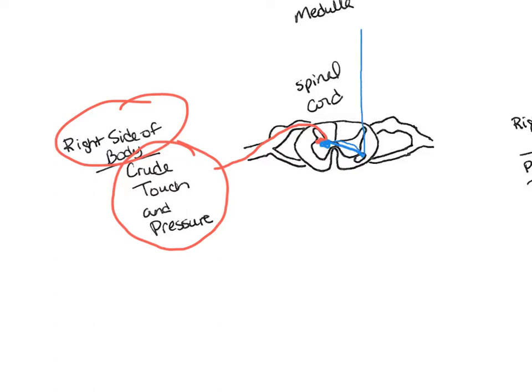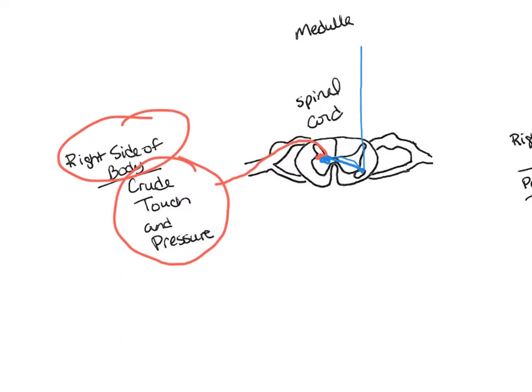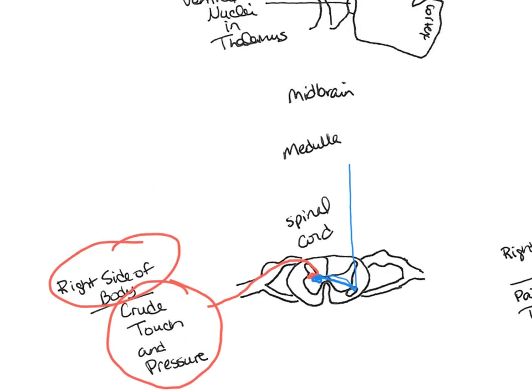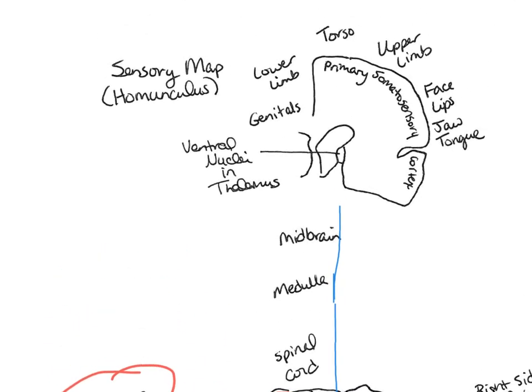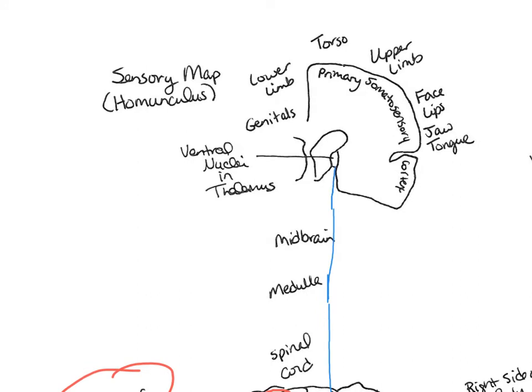It goes over to the tract where it's supposed to go, that anterior spinothalamic tract, and now it's going to go up. As it travels up through that spinothalamic tract, it's going to pass by the medulla. It's going to pass by the midbrain. And it's going to end up in that thalamus.